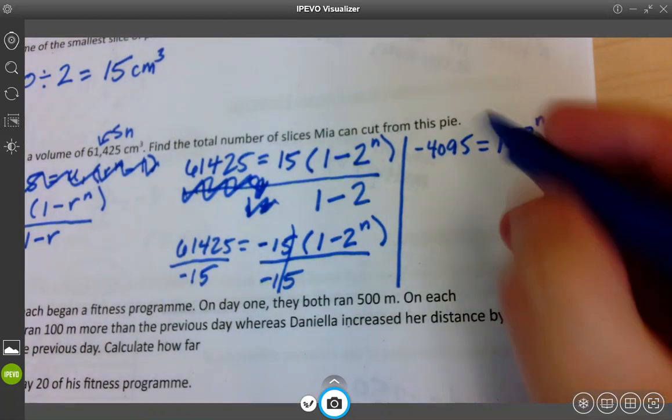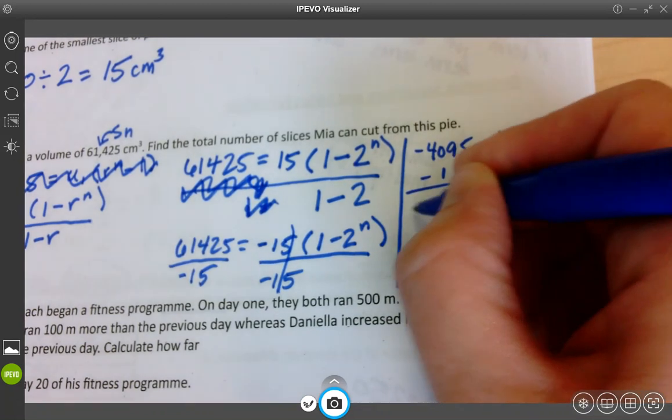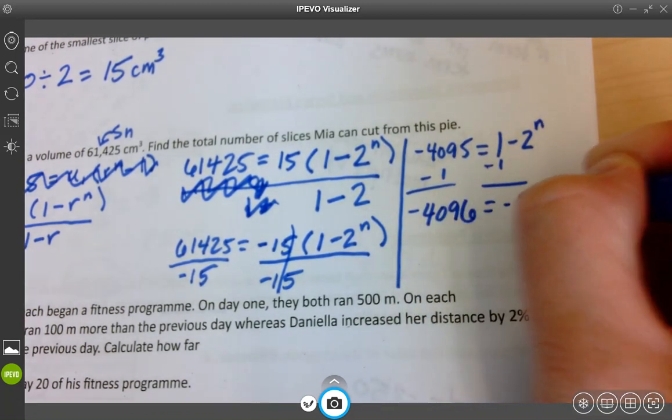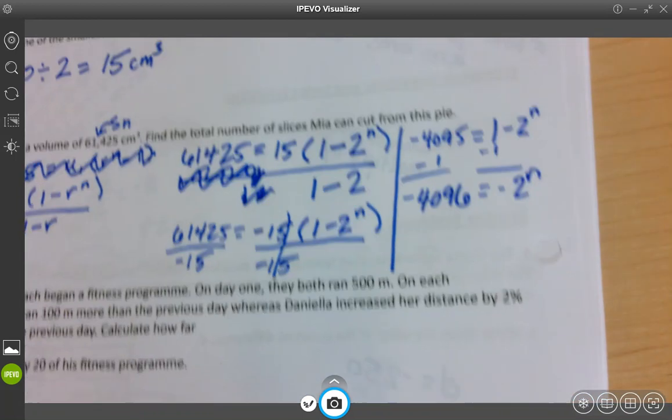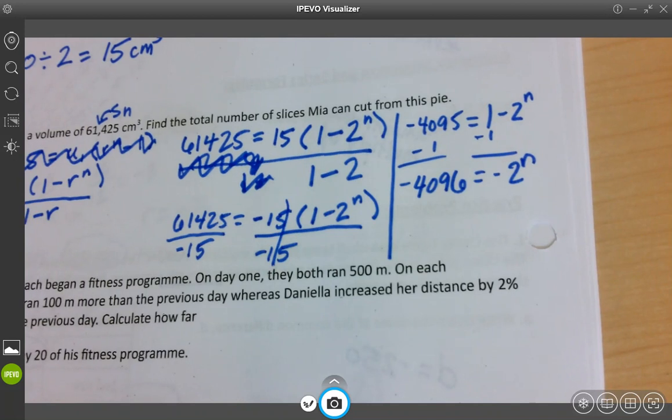All right, we're going to get rid of the positive 1 by subtracting it. Negative 4096 equals negative 2 to the n. And how can I get rid of the negative? Give me your idea. Add it. So let's see, add what?